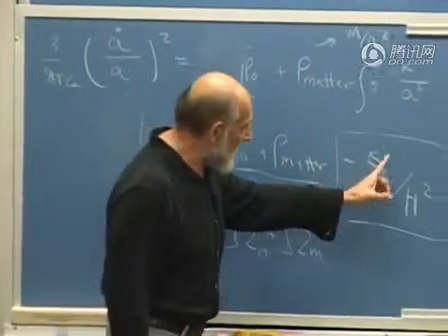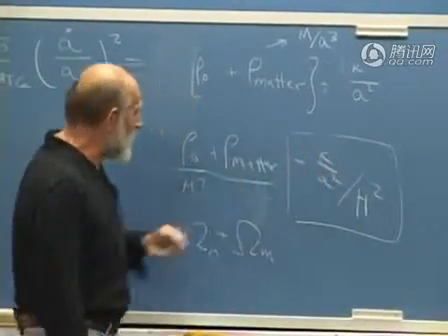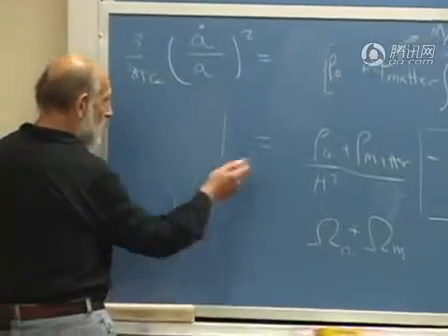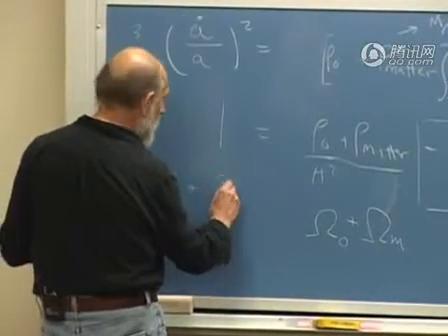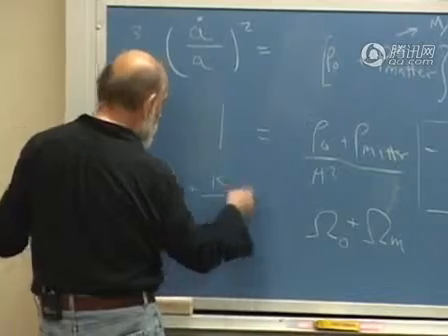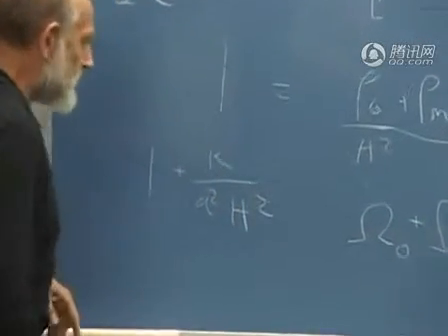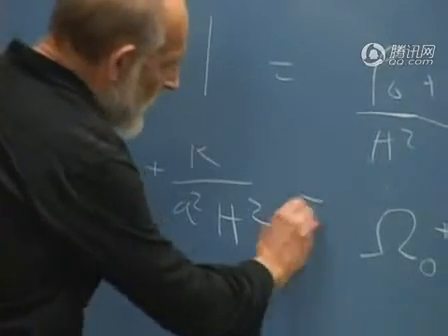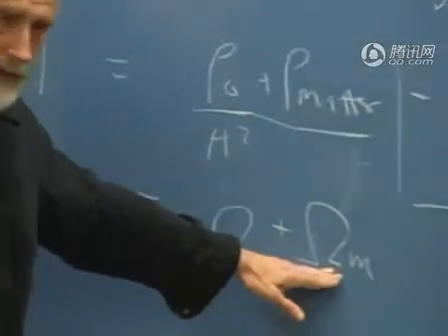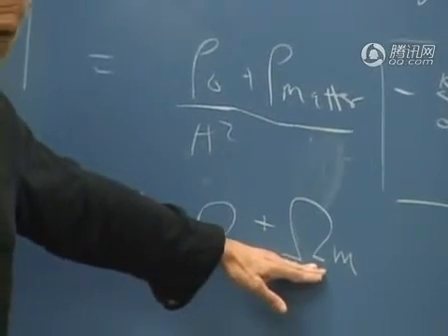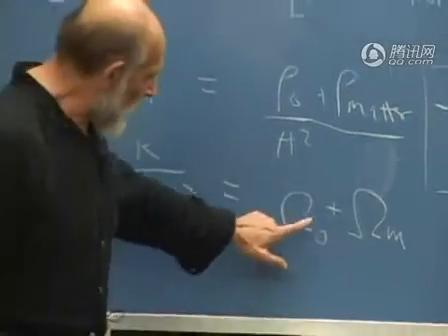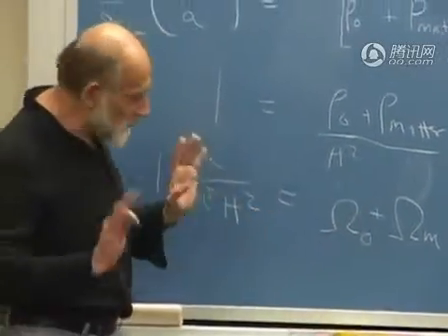But if, on the other hand, space is curved, then we can put on the right-hand side 1 plus k over a squared H squared, and then the sums of the omegas do not have to exactly add up to 1. Okay? Let me remind you what this means.